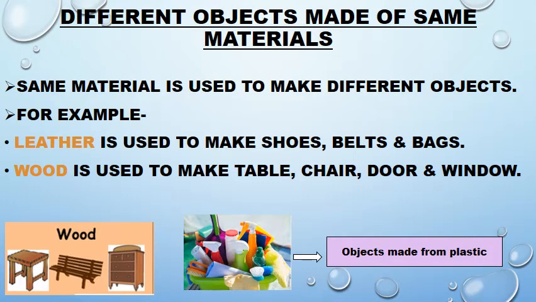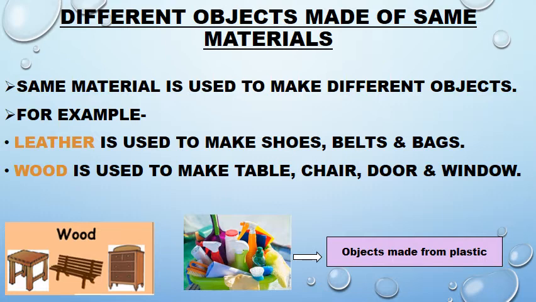Now, let us see how different objects can be made of the same material. For this, we can take an example. Let me take leather. Leather is used to make shoes, belts, and bags. So, all these objects are made up of one material, that is leather. We can take another example also of wood.